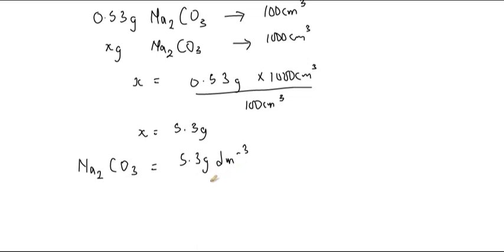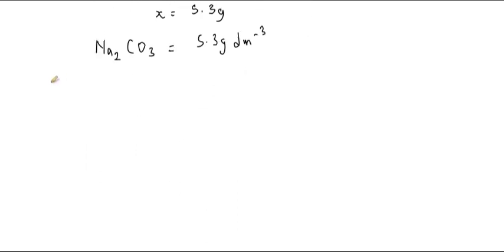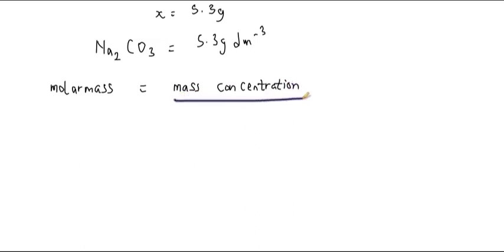Now we've gotten the concentration in mass of sodium carbonate, but we are still finding the concentration in moles per dm³. To get the concentration of the base in moles per dm³, we'll use this formula: molar mass equals mass concentration divided by molar concentration.